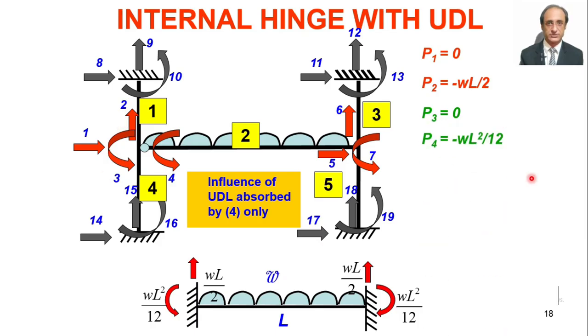So this has to be understood. Then P5 is again 0 because it is the axial component. P6 will be equal to minus WL by 2, and P7 will be equal to plus WL square by 12.